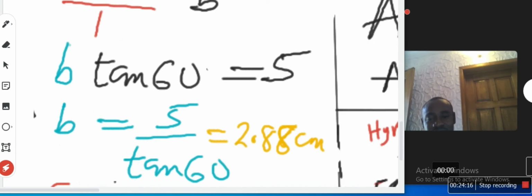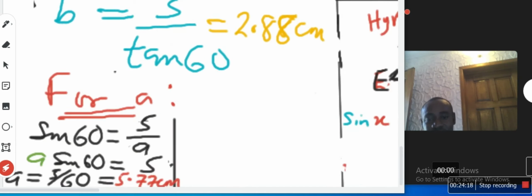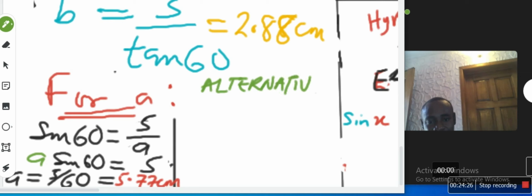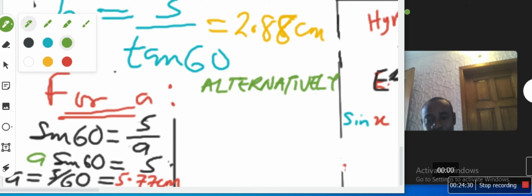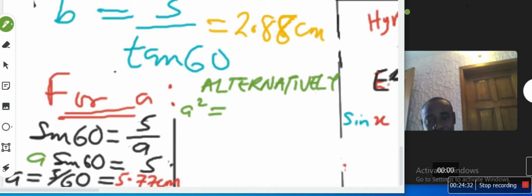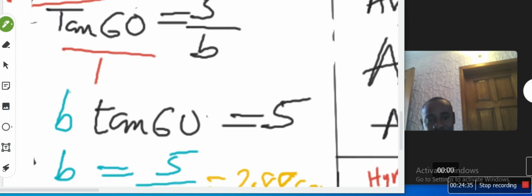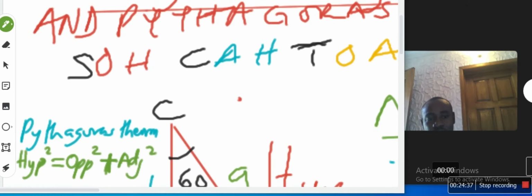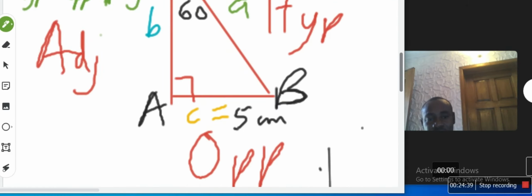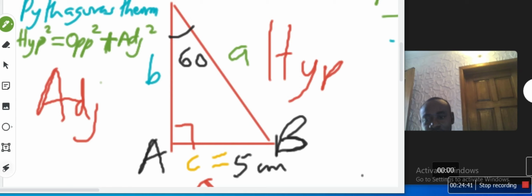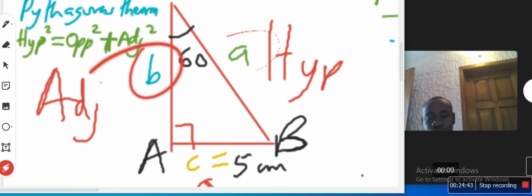I'm deliberately doing this because you might encounter a question like that. Using Pythagoras Theorem, what square will be equal to what square? A squared equals B squared plus C squared.